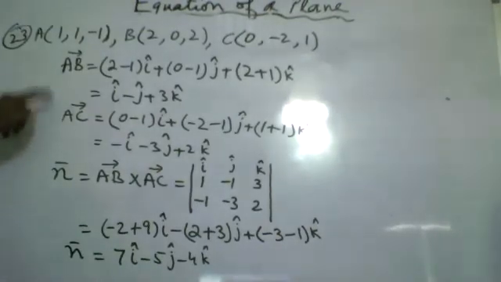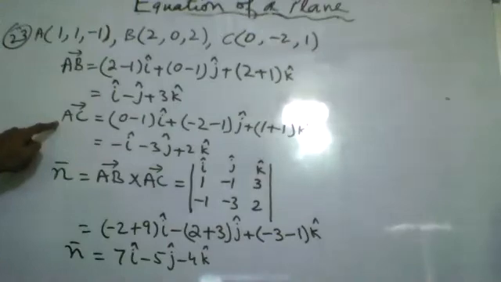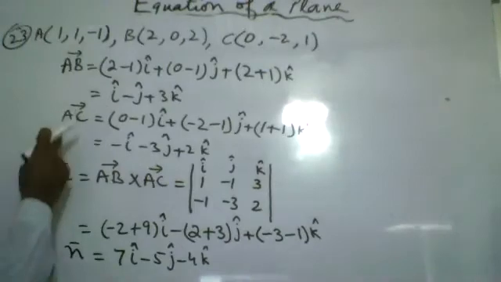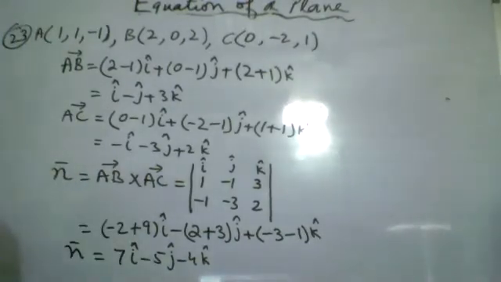So A is common. We will find the vector AP, sorry, the vector AP. The common point we will take, and X will be taken as XYZ. So we will find the vector AX.